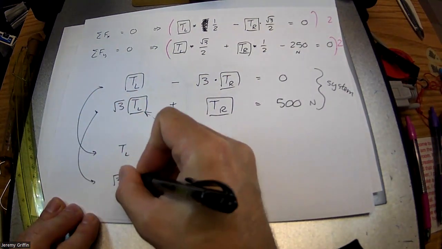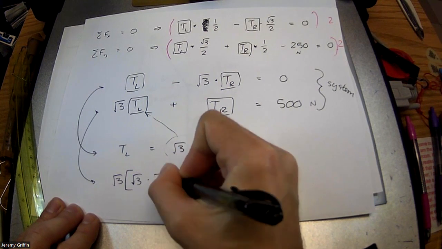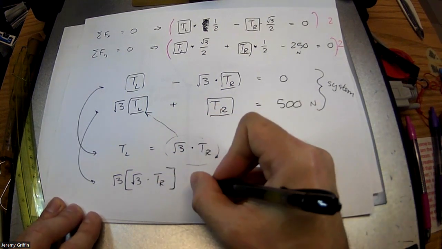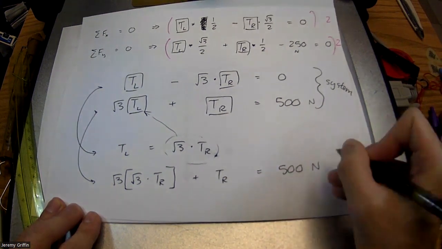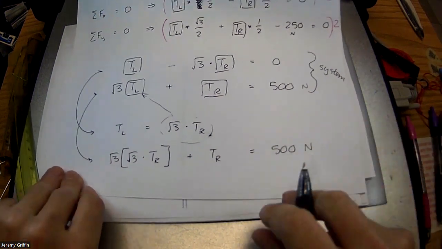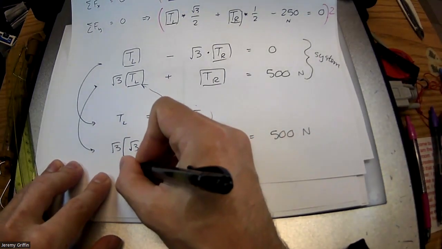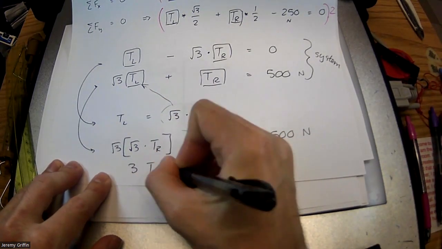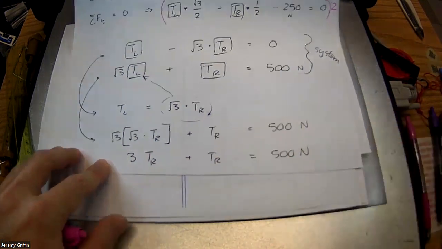Bring this down and rewrite that. So root 3 times root 3 times tension on the right side, plus another tension on the right side, is equal to 500 newtons. I'm just doing some algebra. I'll keep a fast pace here because we've got 90 seconds. So that's 3 times TR plus TR equals 500 newtons.